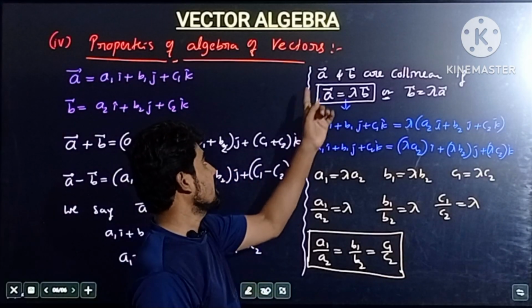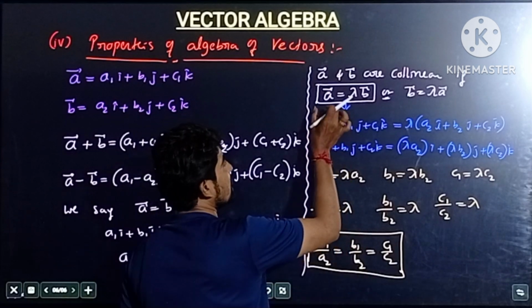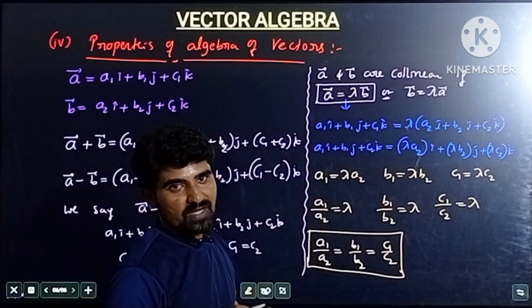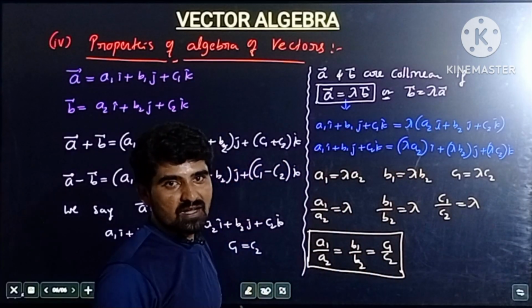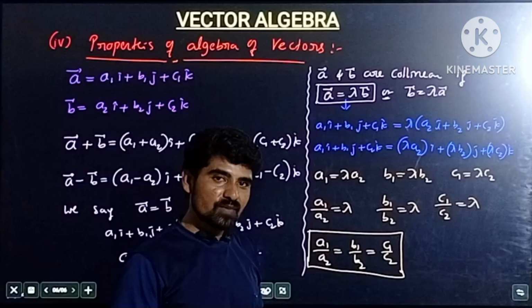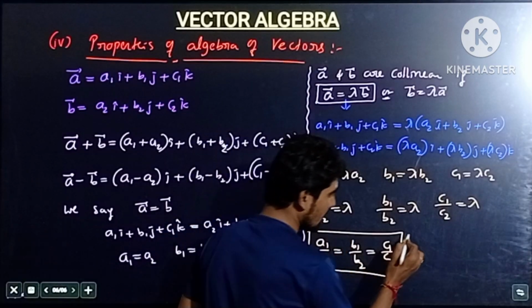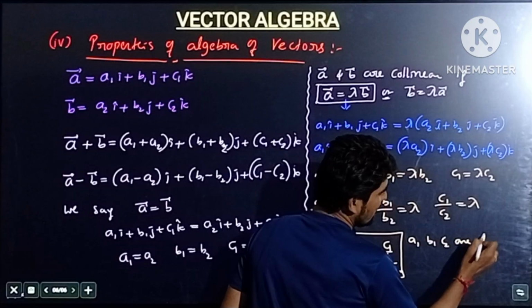See here, two vectors A and B are said to be collinear if the first vector is equal to lambda times the B vector, or the second vector is equal to lambda times the first vector, or A1 by A2 equal to B1 by B2 equal to C1 by C2, where A1, B1, C1 are what?